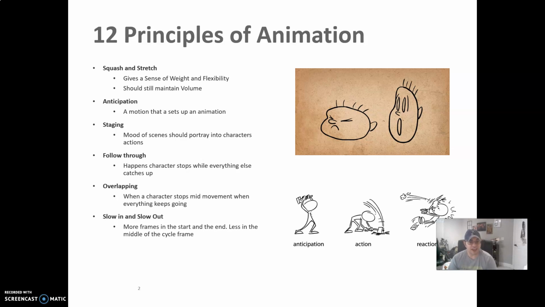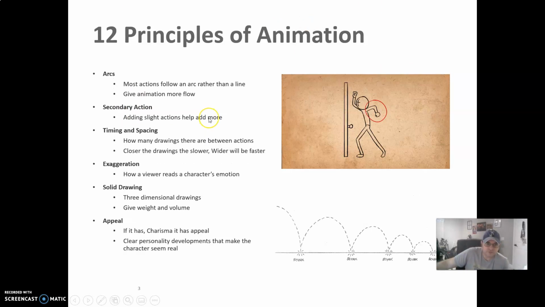Energy and acceleration matter. So when you're using slow in, slow out, this shows how things are stopping and how things are starting. They slowly start in and then slowly end out. So you have more frames in the beginning and the end than you do in the middle. That way it showcases that gradual decrease of energy. That's really important.